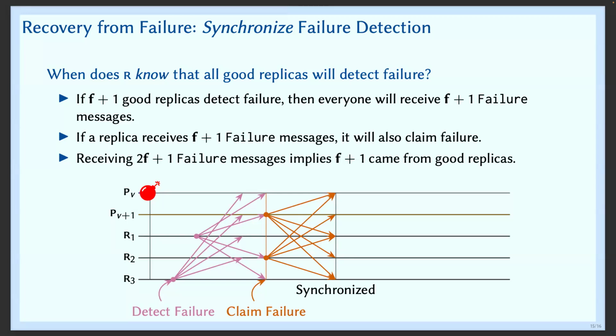But it might be that, imagine this line that goes to R1 is here, just as an example. Now at this point, this one will set a timer, so it switches to the next one at a different time.